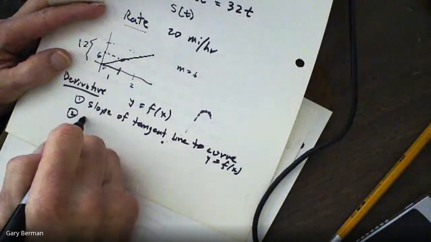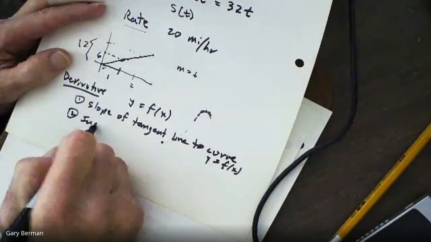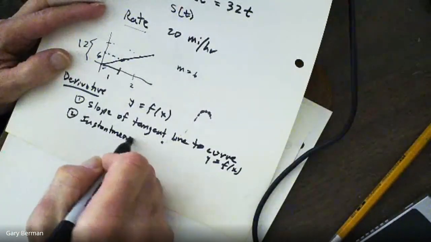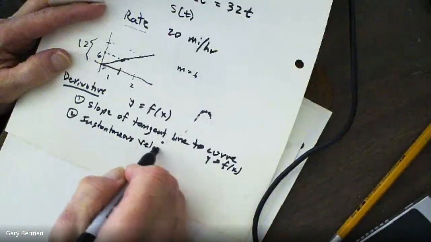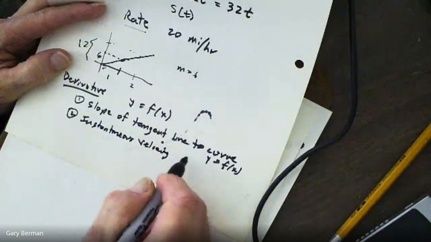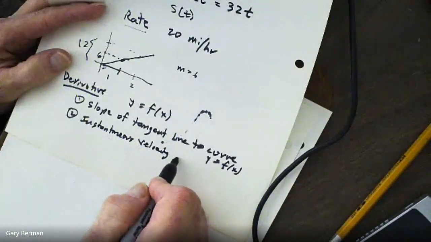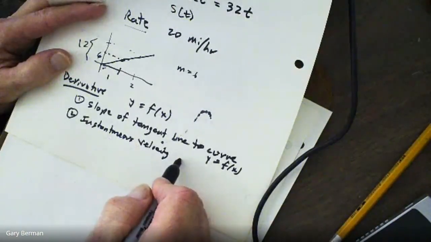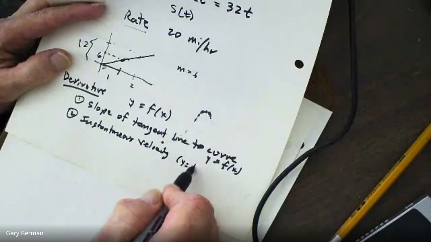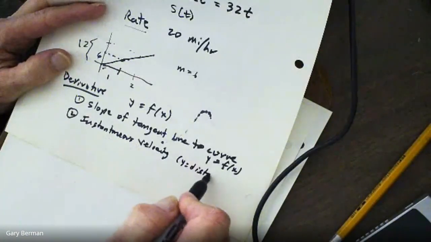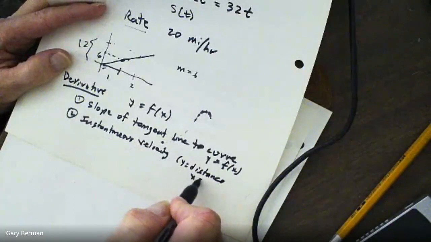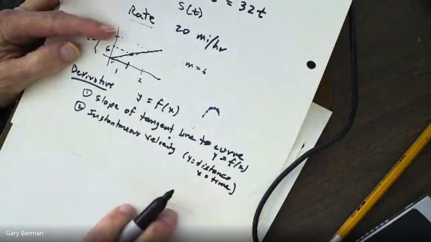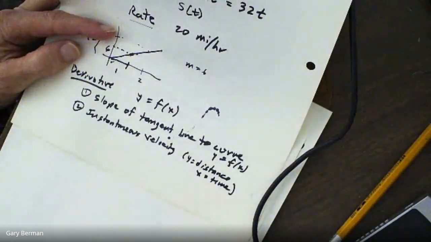Interpretation number 2 is it's the instantaneous velocity, if y is distance and x is time. In that specific situation, it's the instantaneous velocity.